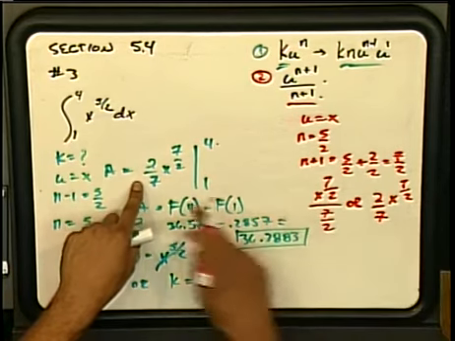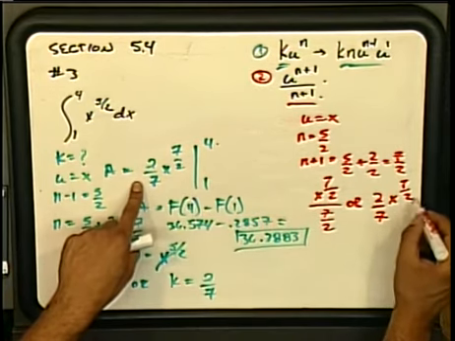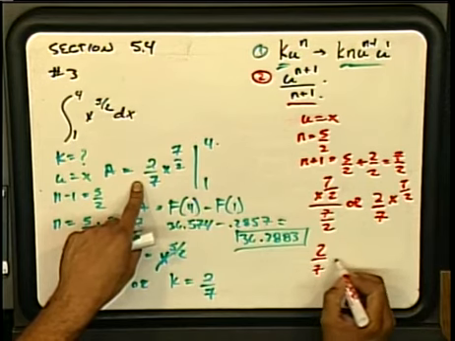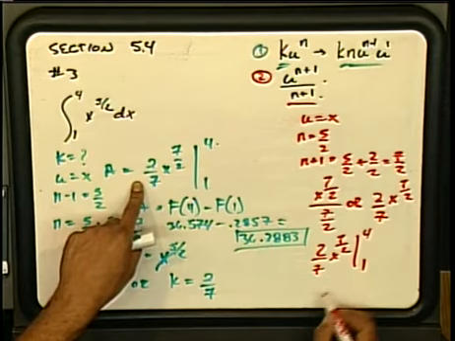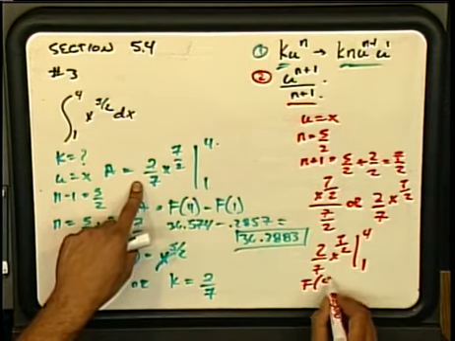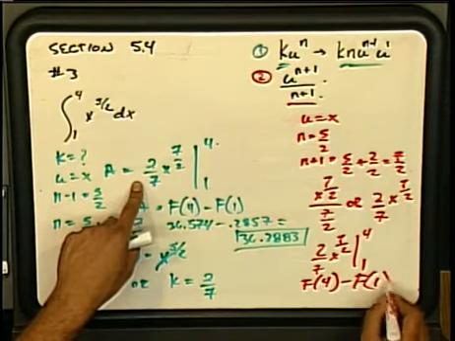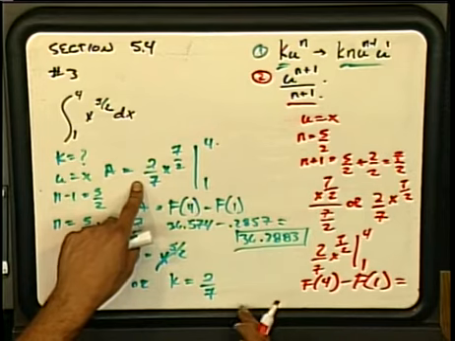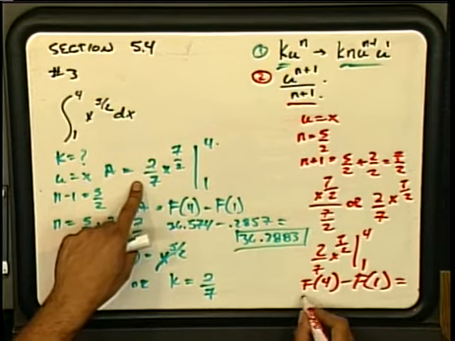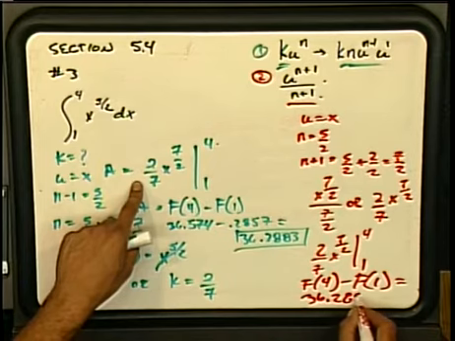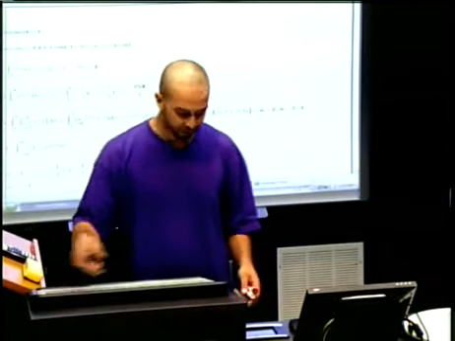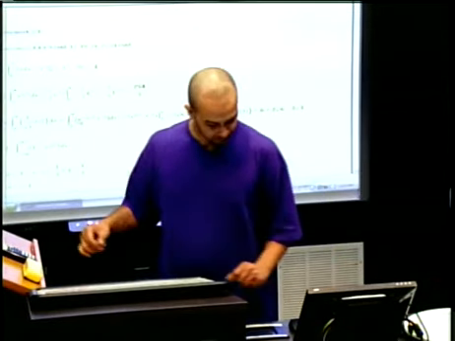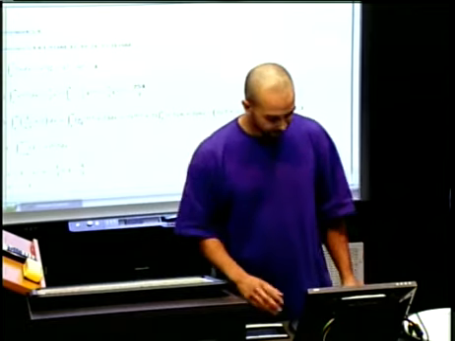That's the same thing we got right here. Plug the values back in the same way we just did on the calculator, and you should get the same thing. This is an easier method when you don't have to use the chain rule. And that completes section 5.4.